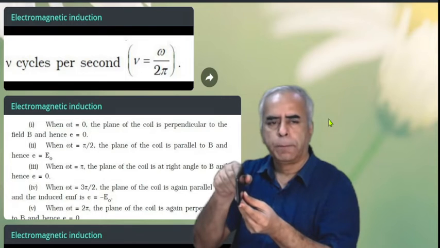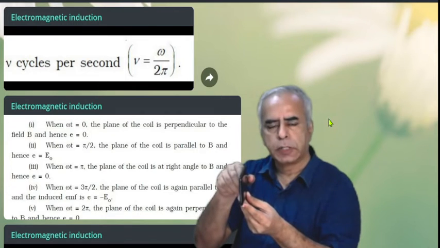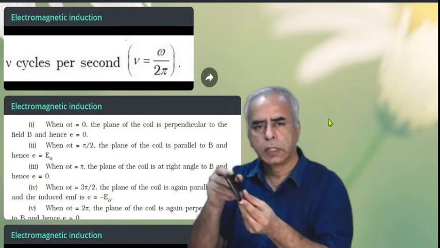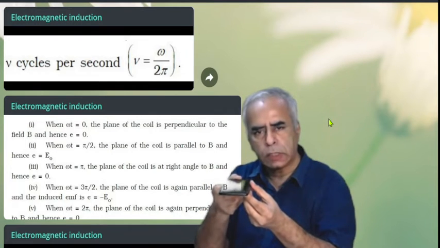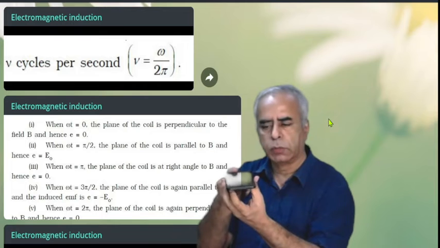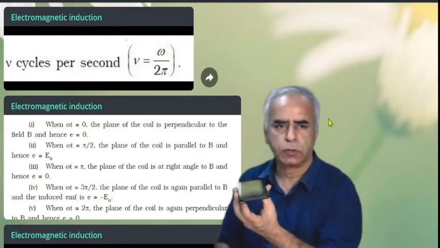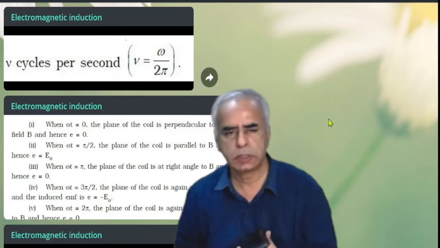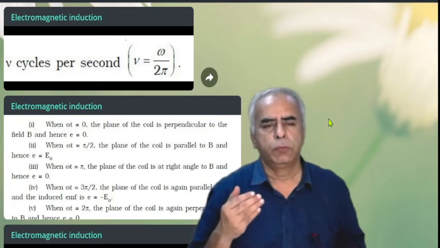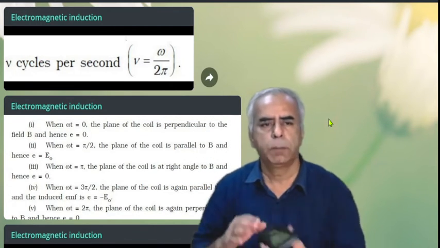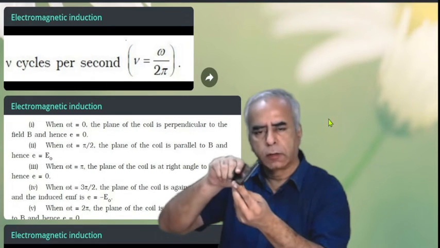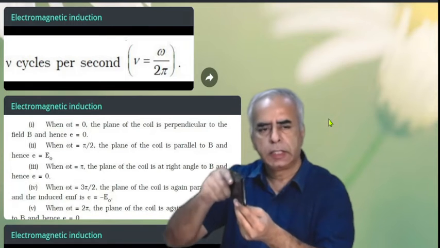When omega t is equal to pi by 2, that is 90 degrees, then what happens? The plane of the coil is parallel to the magnetic field. In that case, E is equal to the maximum EMF, that is E naught. And when omega t is equal to pi, the plane of the coil is again at a right angle to B, then E is equal to 0.